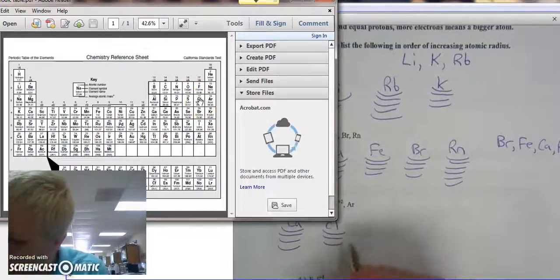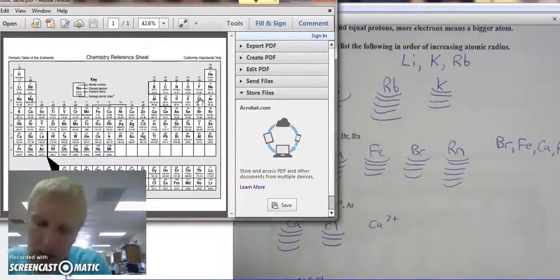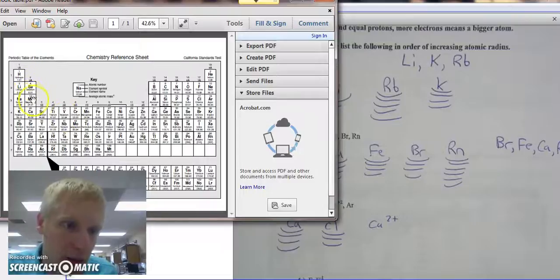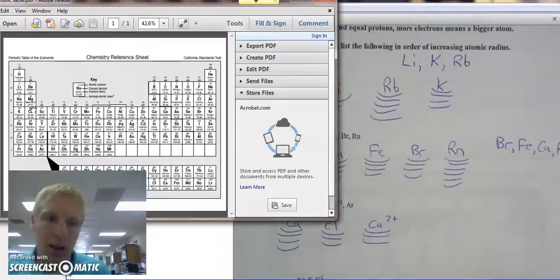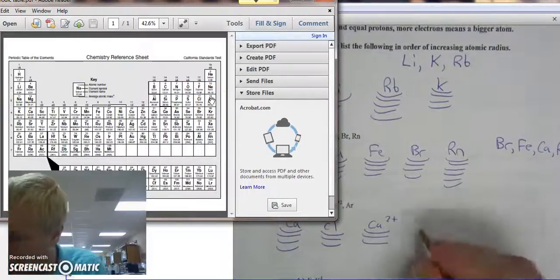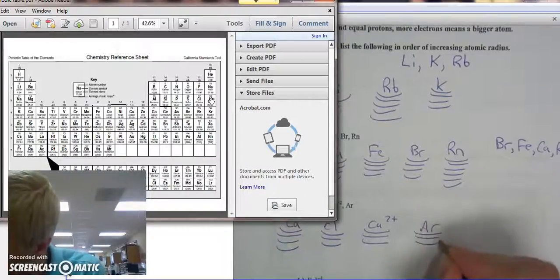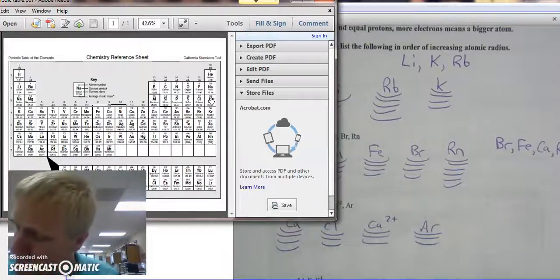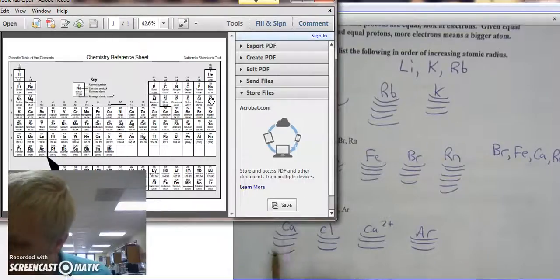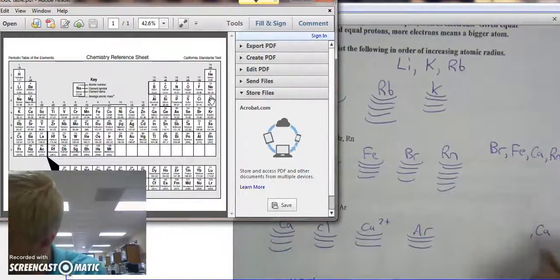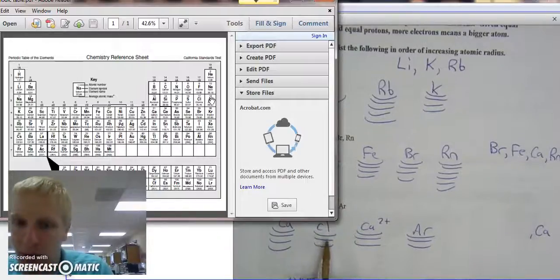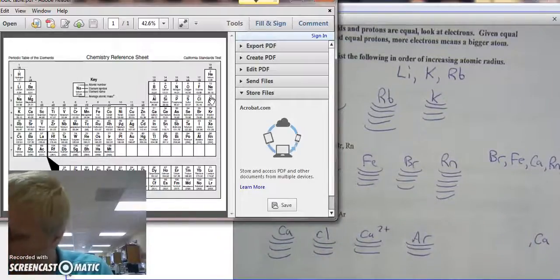Calcium 2 plus lost 2 electrons, so it looks like argon and has 3. Argon has 3. Alright, so all of them have 3 except for calcium. So it looks like by default calcium has to be the largest. And we have chlorine, Ca2 plus, and argon.